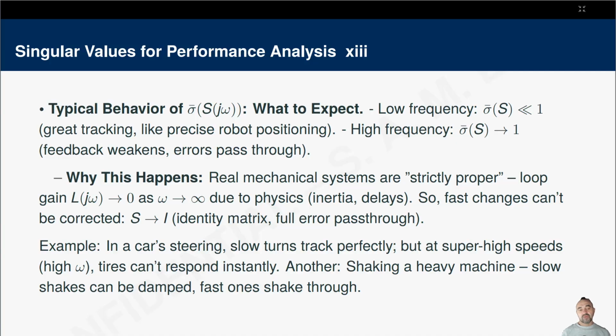So if the loop gain dies at high frequency, as L(jω) goes to 0, feedback cannot correct fast fluctuations. And it makes sense, because you need the loop gain to correct them.